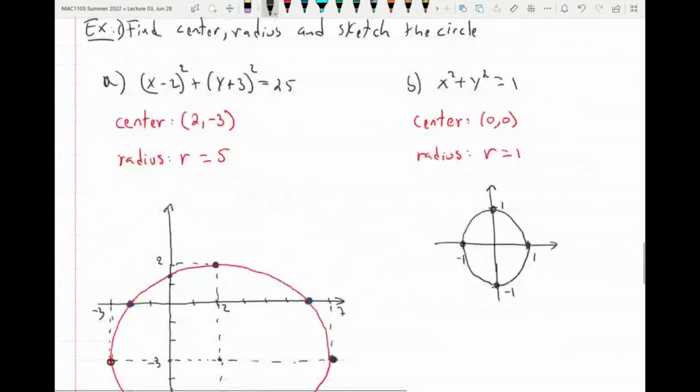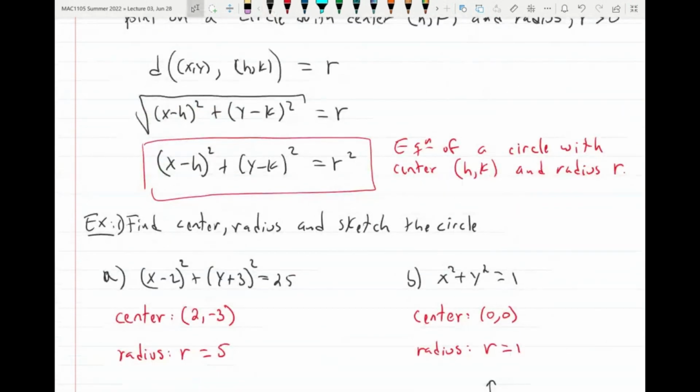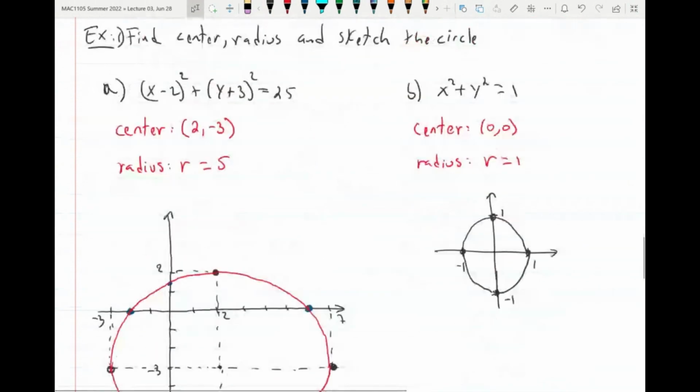So the equation that we have here is what we call the standard form. And this is the preferred one because all the needed information is right there in front of your eyes. You can see a center, you can see a radius, okay? From this equation, you can read it straight from there.